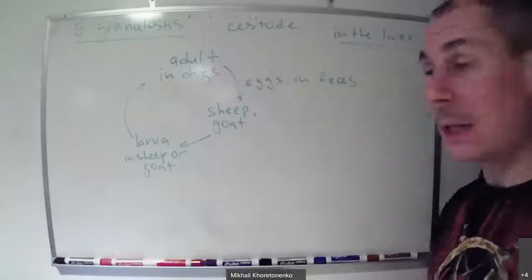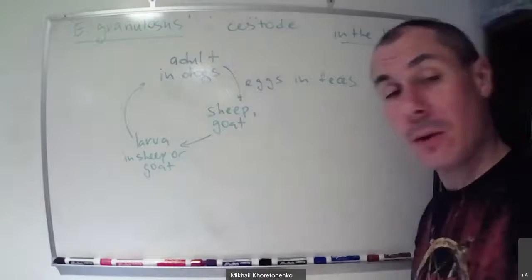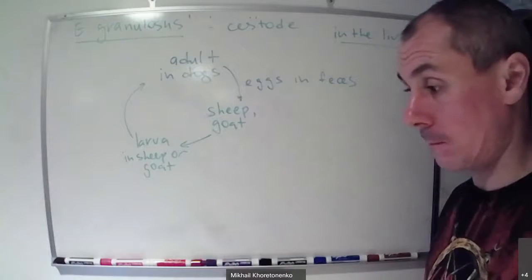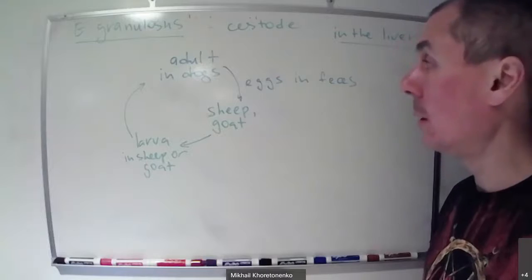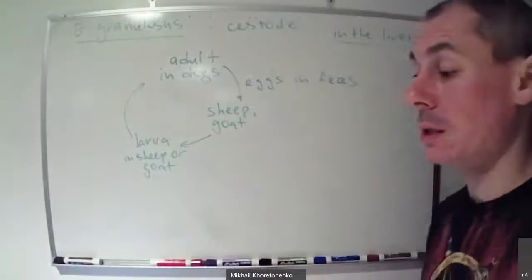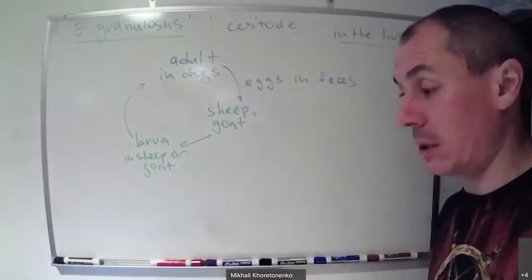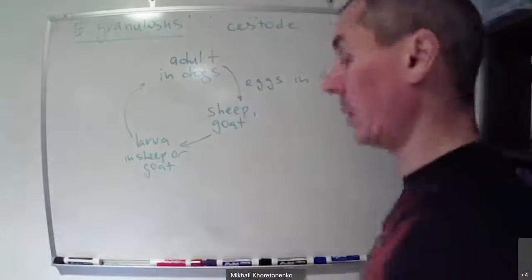Now, the best way to break down the cycle is to stop feeding dogs with the innards of butchered animals. Make sense? Because if you don't do it, then this is going to happen. Eggs in dog feces can end up on human food. Fecal contamination of food is normal.